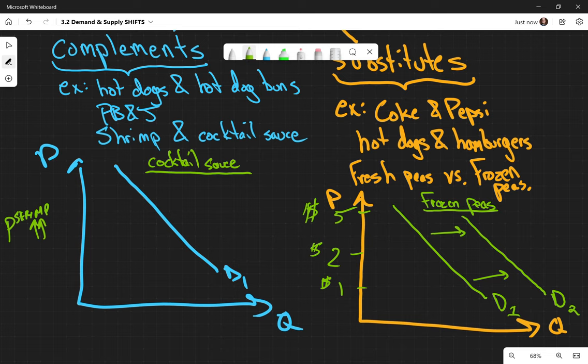As a result of the price of shrimp increasing significantly, we are going to have a shift inwards in the cocktail sauce because those things are purchased together. That means at any given price for cocktail sauce, it could be $1, $2, $5, doesn't matter, there's going to be less of a quantity demanded than there was before. There was more of a quantity demanded before we had this shift, and now there's less of a quantity demanded.